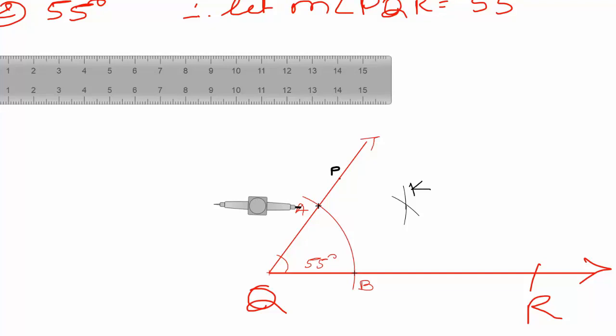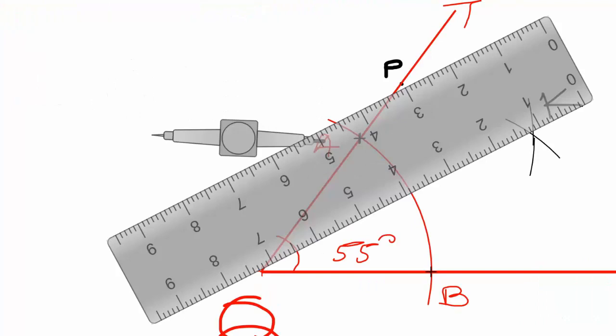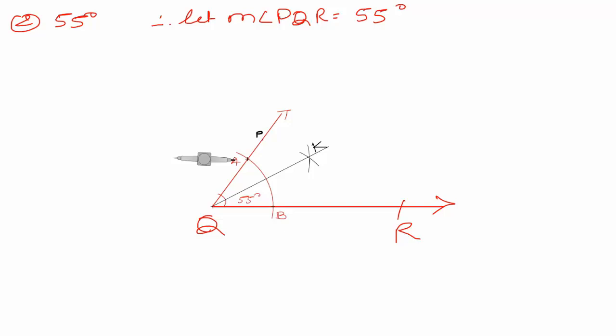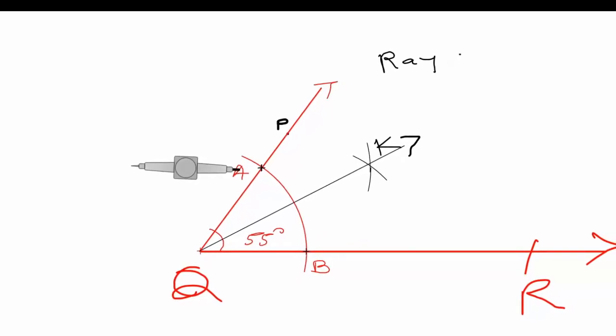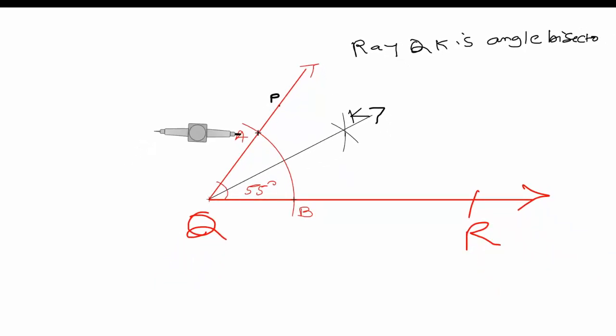Draw the ray or angle bisector passing through the ray passing through the point P and Q. Here ray QK is the angle bisector of angle PQR.